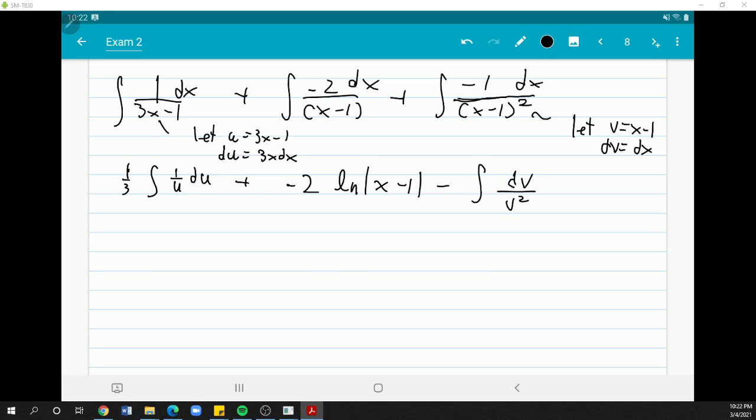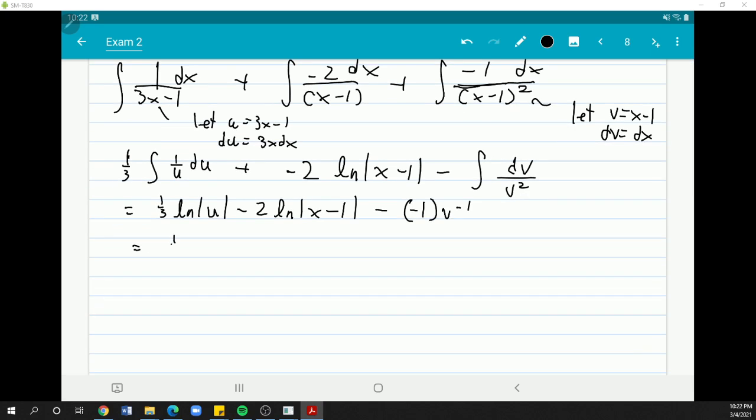And so I get 1/3 natural log of u minus 2 natural log x minus 1 minus, I do the integral, so this is v to the minus 2, so I get v to the minus 1. And then what do I need to put here? It needs to be a minus 1.